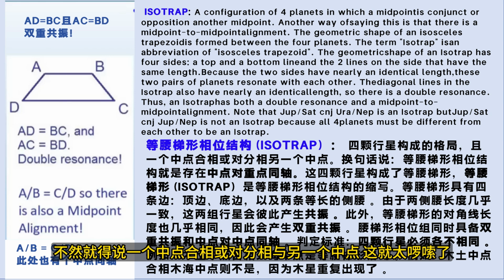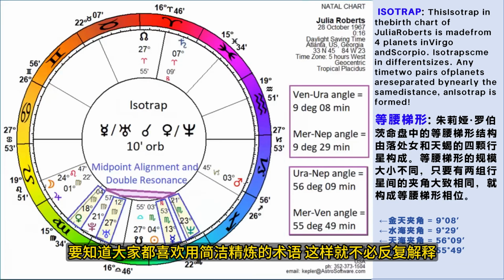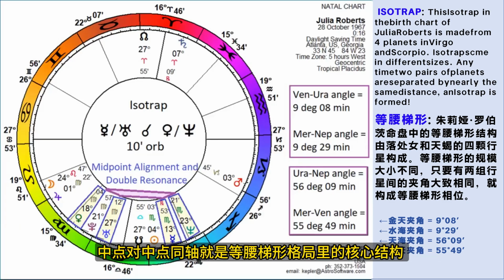Just a lot more words there. People like to use these nice, concise terms, so you don't have to say all that. Midpoint to midpoint alignment is what we have in an isotrap.